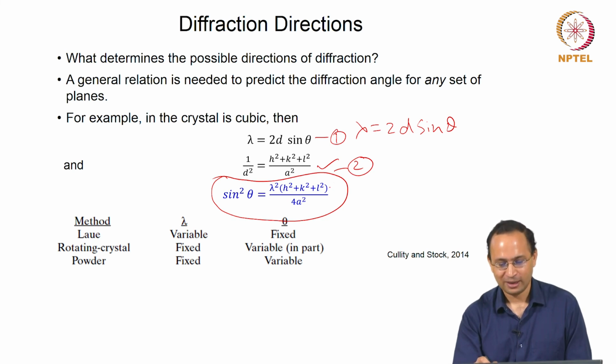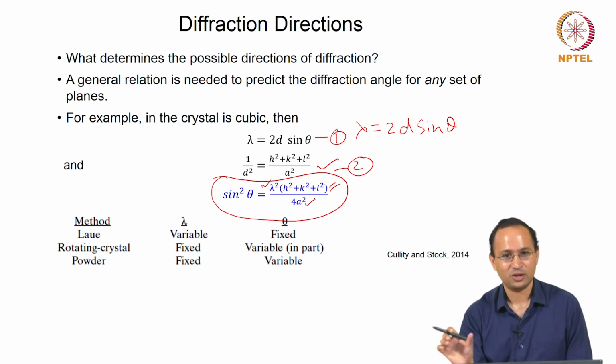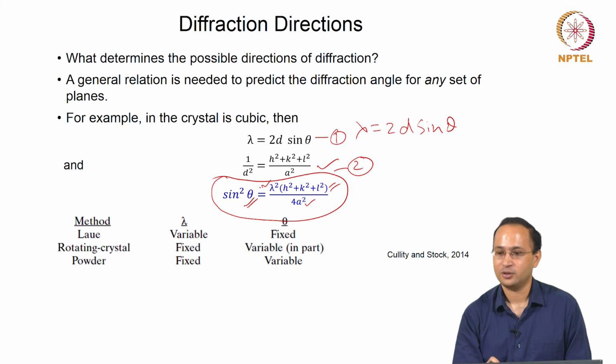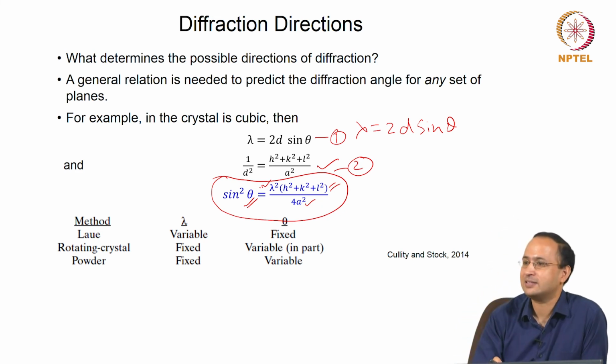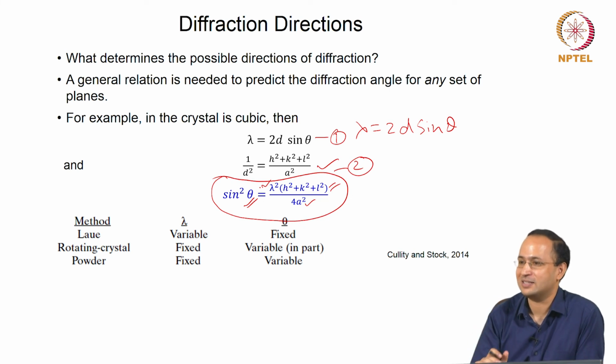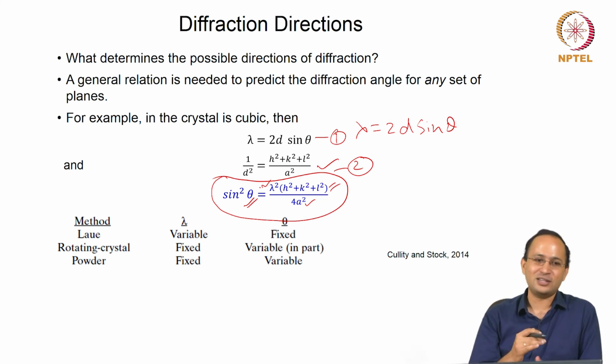So, if you know the HKL plane, you know the lambda, and you have a particular crystal structure like a cubic system, you can find out all the thetas where you will have a diffraction. So, this relationship can be used to predict the diffraction directions, because not in all directions will you get diffraction.